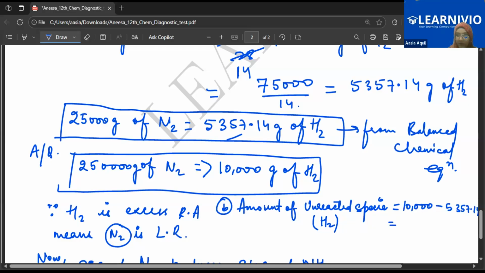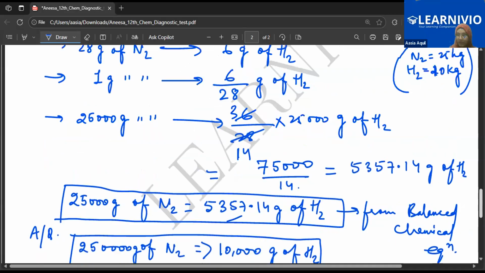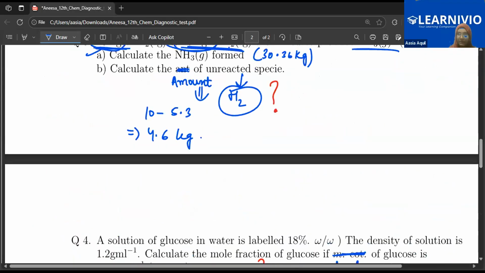It's in gram. Now 10,000 minus 5357.14 will give 4642.86 gram. Just convert it into kg. So it will give you 4.6 kg. Right? So that's very simple. 4.6 kg.